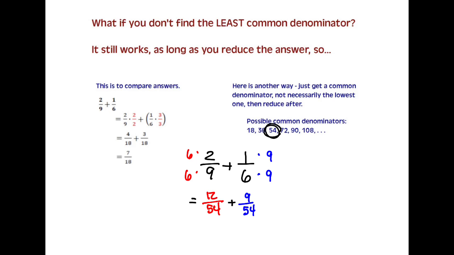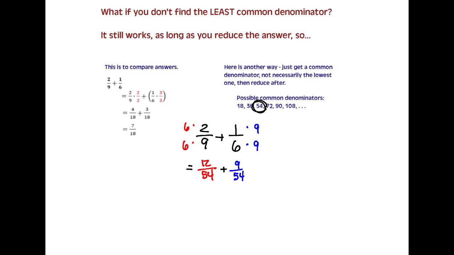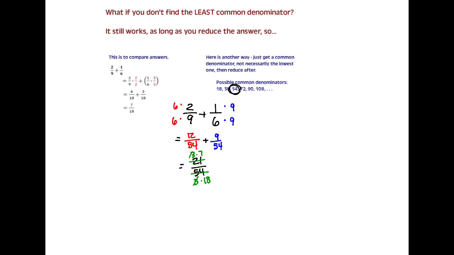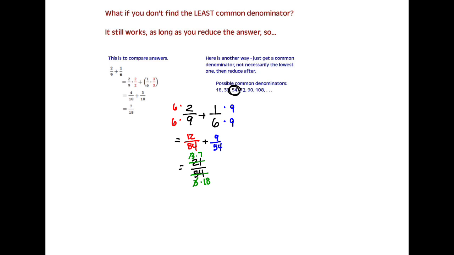So this becomes, shrink it down a little, 21 over 54. You can see this is a little bit harder because the numbers are bigger, but it still works. 3's cancel, and we end up with 7/18, which is what we started with over on this other side.